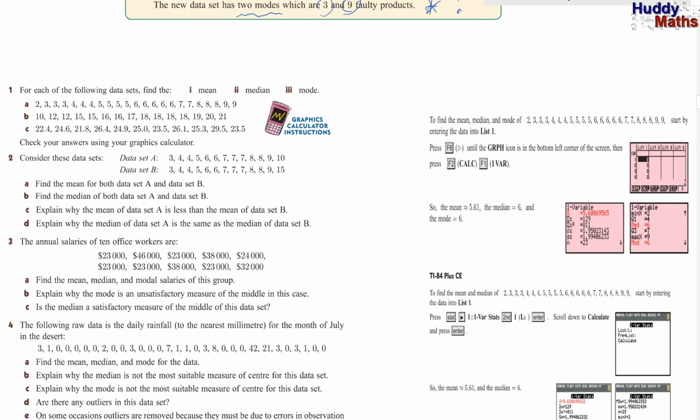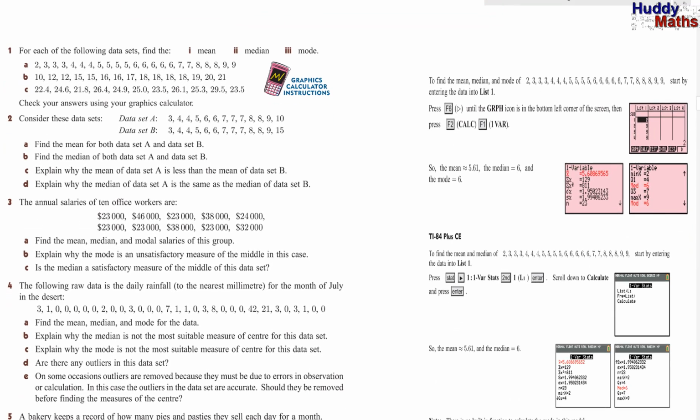So here we are, here are your problems. You might try some of these by hand, but it gets very tedious. I would suggest doing some by hand to get the hang of it, but let's have a look at the calculator. So here, the first calculator we've got here is the Casio. So an example of discrete data.